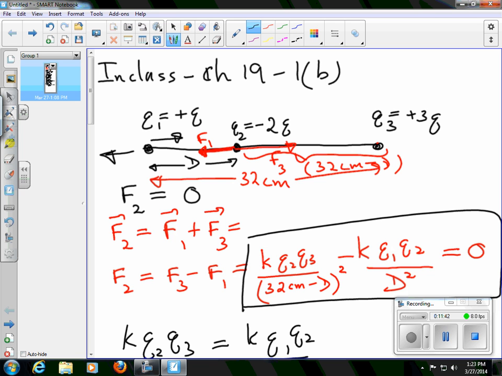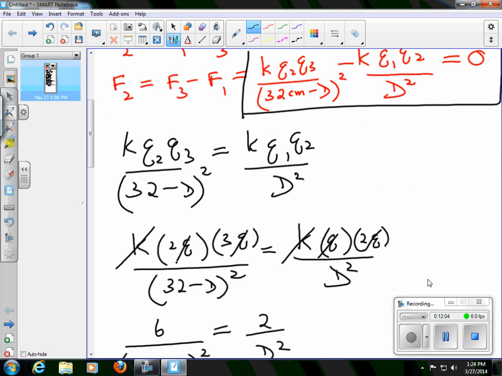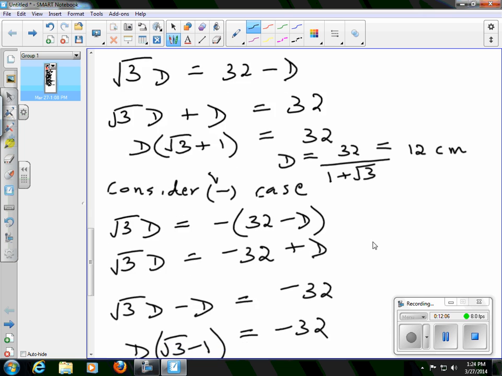But we need something in the middle of Q1 and Q3, right? So I would pick the positive answer. So 12 centimeters from the Q1 charge, toward the positive x direction. That is your answer. So 12 centimeters is the answer. Did you see that?